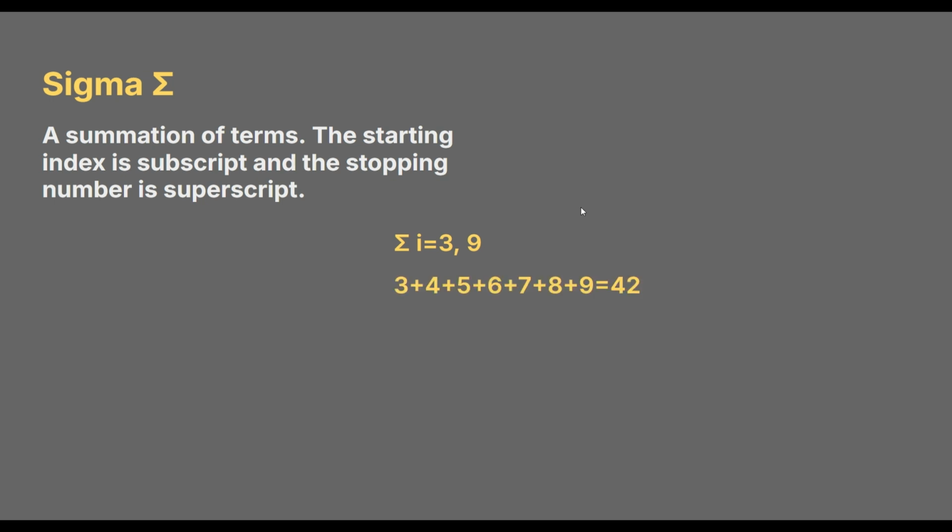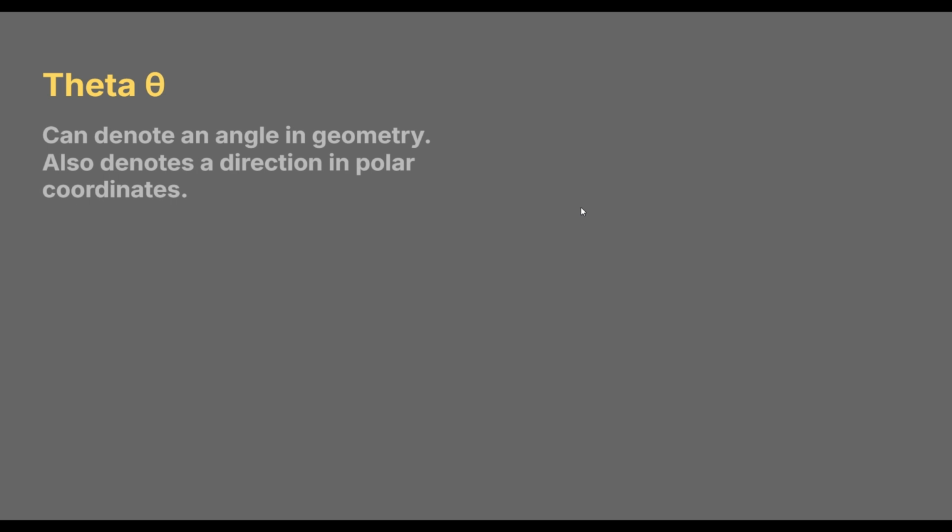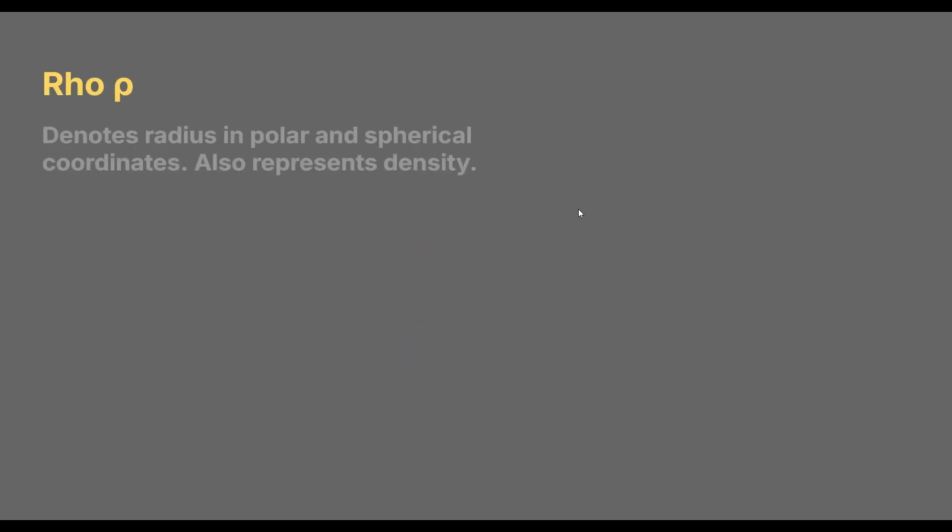Theta can denote an angle in geometry. It also denotes the direction in polar coordinates. Rho denotes radius in polar and spherical coordinates, and also represents density in cylindrical coordinates.